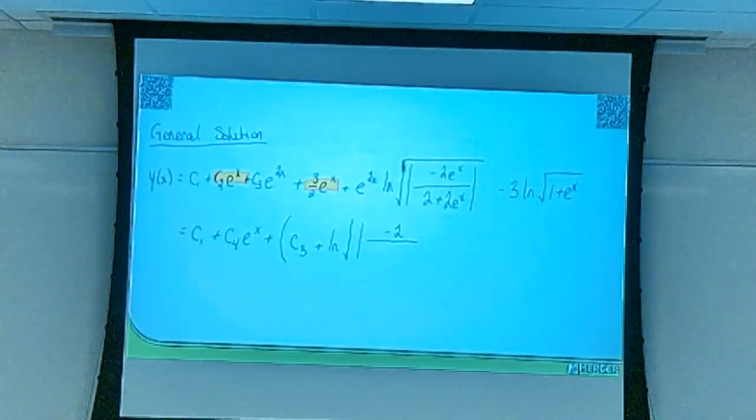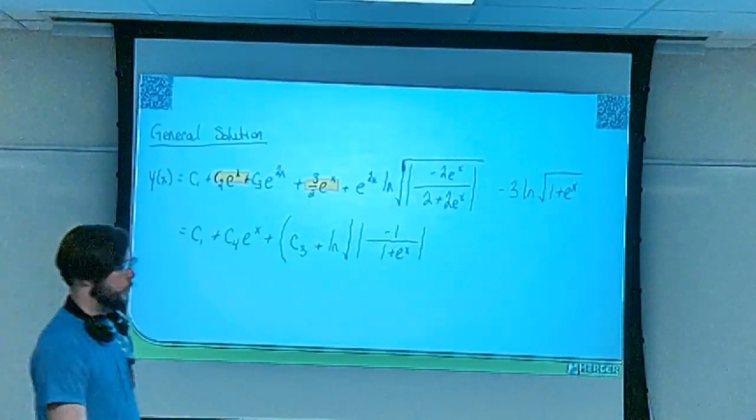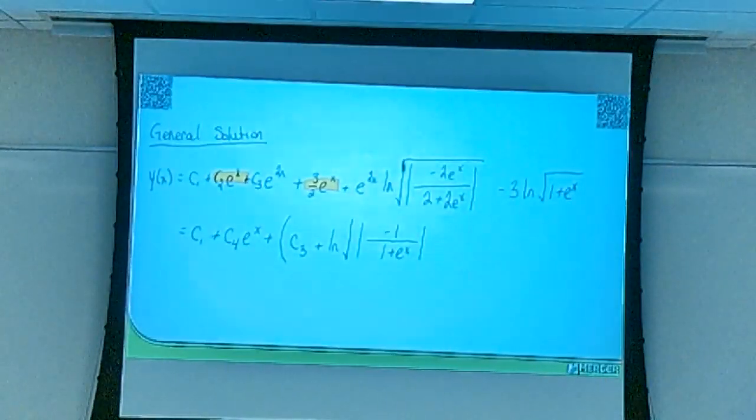That's nice. Because I can actually get rid of that absolute value now, can't I? Just make it 1 over 1 plus e to the x, because 1 plus e to the x will always be positive.